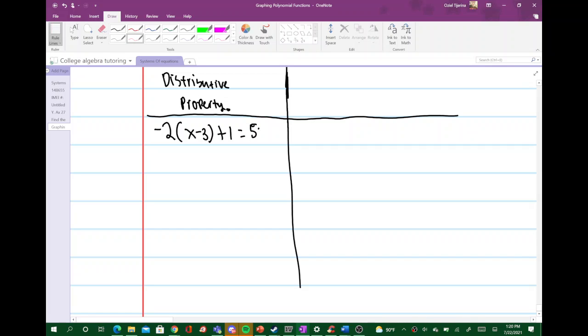So obviously what you do is you multiply the negative 2 to the x and negative 3. So here we're going to have negative 2 times x, and then we're going to say plus the negative 2 times negative 3, right?